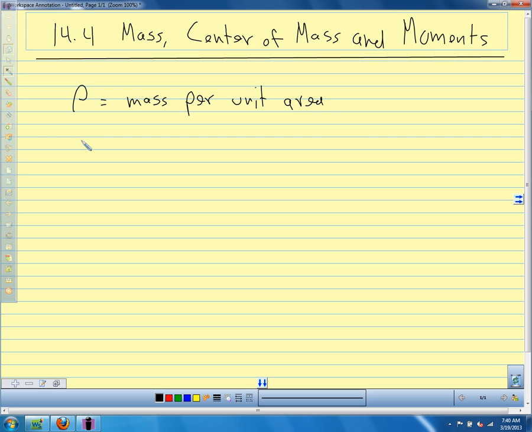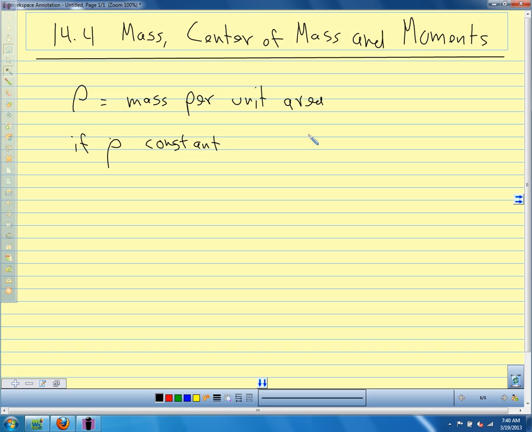If rho is constant, the mass of a planar lamina of an area in the plane is just rho times the area.